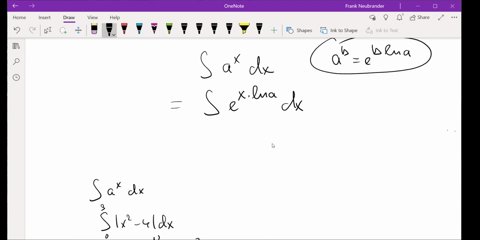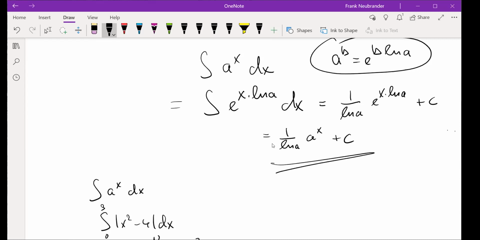And now you use the basic formula for antiderivatives of e to the x. So it's 1 over the logarithm of a, times e to the x times the logarithm of a, plus a constant. Now you use the formula again, then it's 1 over the logarithm of a, times a to the x, plus a constant.